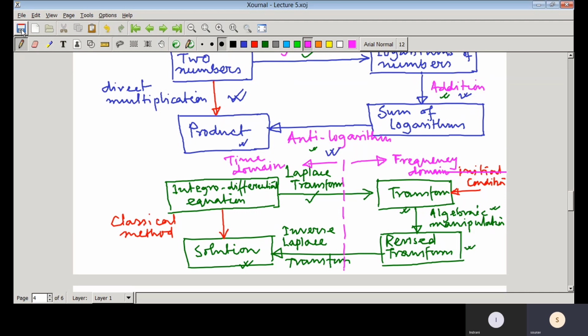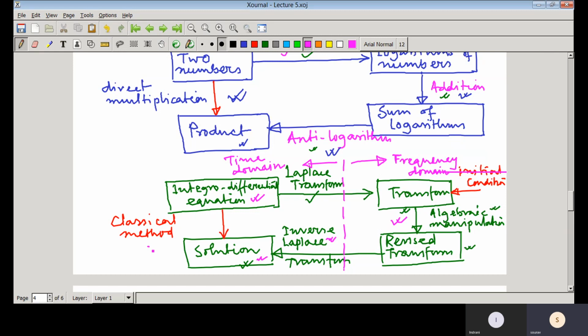For the time being, you just take this information that this Laplace transform is very similar to that logarithmic transform. And here you can see that if you have that integral differential equation, then just by taking Laplace transform and transforming it in algebraic form, we can have that solution via this inverse Laplace transform.